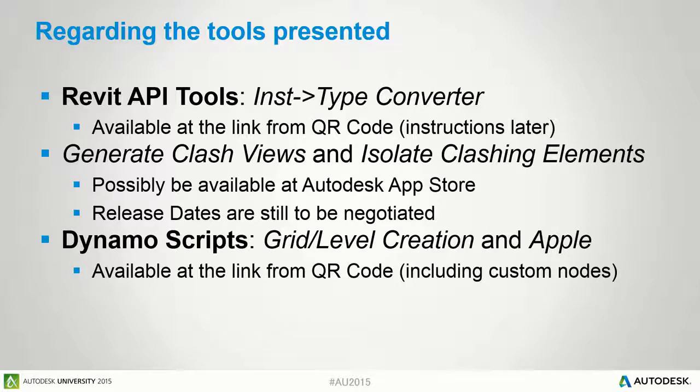I'm still not sure, so it's still to be negotiated. But for the Dynamo scripts that I demoed, for example, the grid level creation app, it is also available at the link of the QR code, it will be available for you later on.